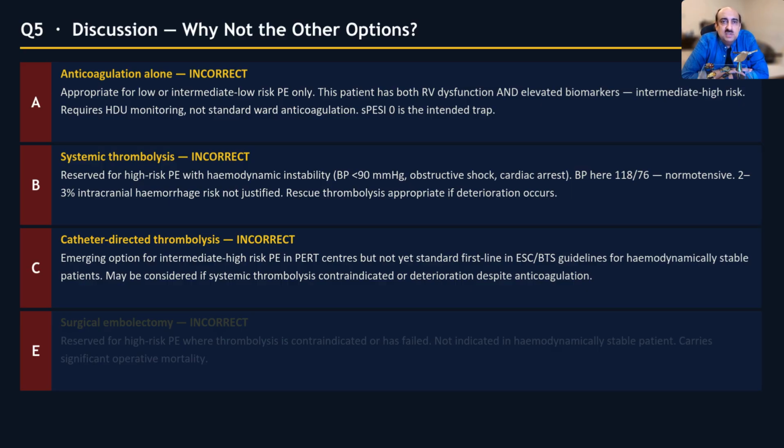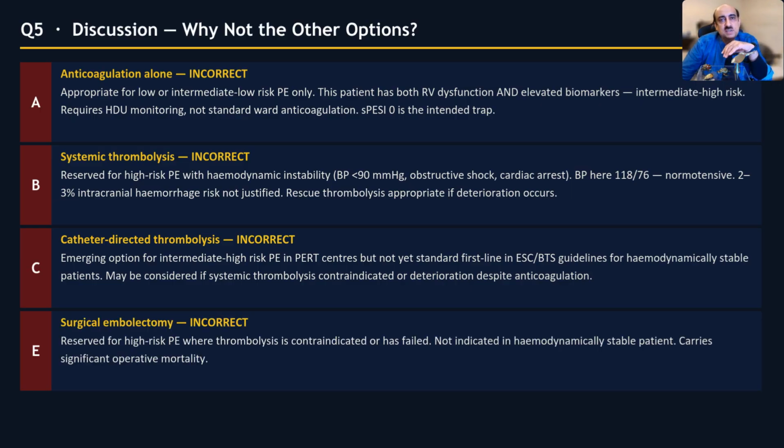So the standard first line recommendation by the European Society of Cardiology as well as British Thoracic Society guidelines is that in hemodynamically stable patients, the first option should be anticoagulation. And that's why catheter-directed thrombolysis is not the first line even for the high-risk patients. Systemic thrombolysis will be first. If that fails, as a rescue option, then you do catheter-directed thrombolysis.